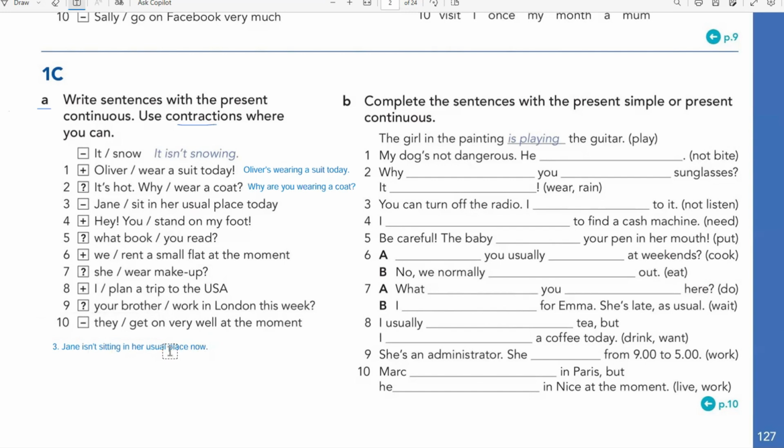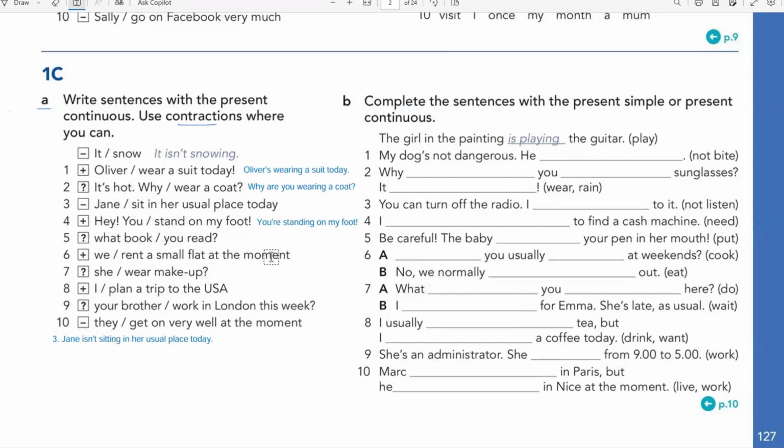Only today. That's it. And we're going to move to number 4. 4 is positive. So, hey, you stand on my food. So, you are standing on my food. We can use a contraction here, apostrophe re. You're standing on my food. Yes. You're standing on my food.